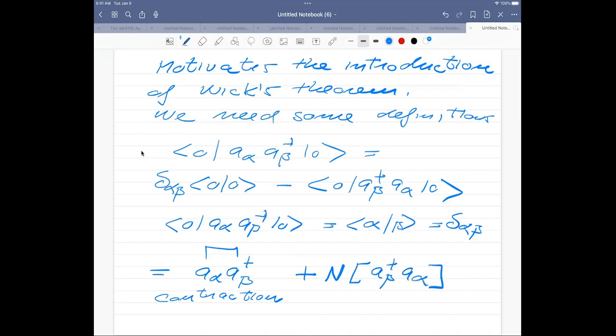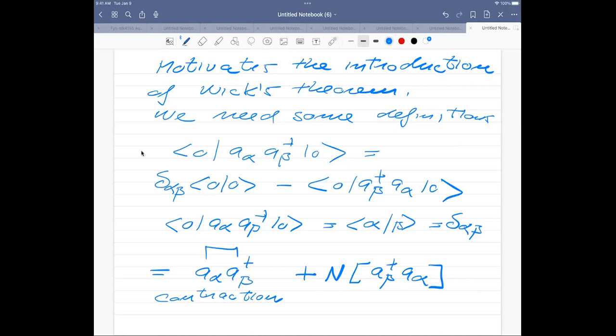So what does normal ordering mean? This N is not the number of particles, but it stands for a normal ordered operator. Normal ordering means that all the creation operators are to the left and the annihilation operators to the right.